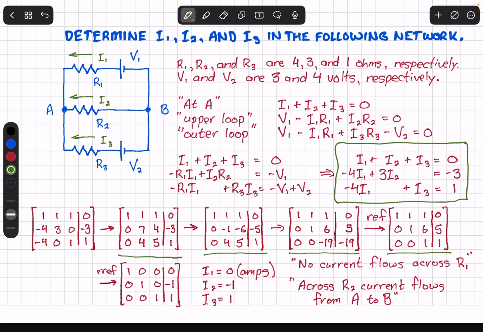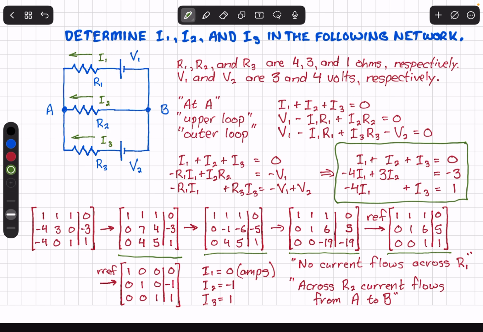We could solve this by back substitution right here. For example, I3 is already equal to 1, and I2 plus 6 is equal to 5, so I2 must be minus 1. And if I2 is minus 1 and I3 is 1, then that leaves I1 to be equal to 0.